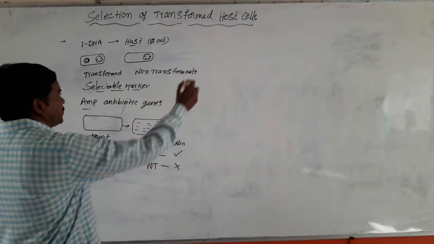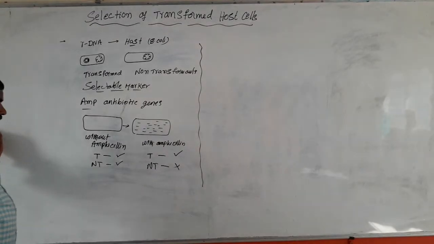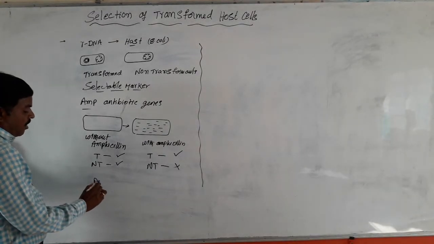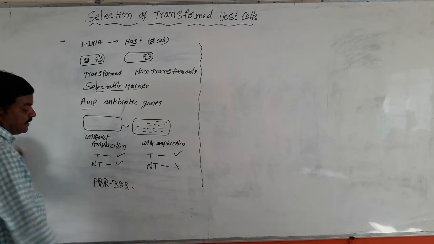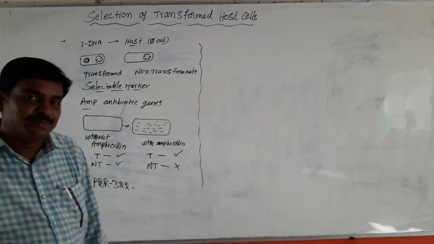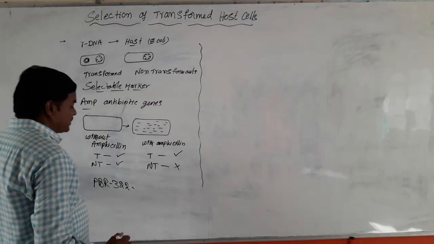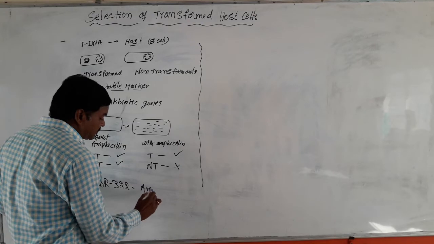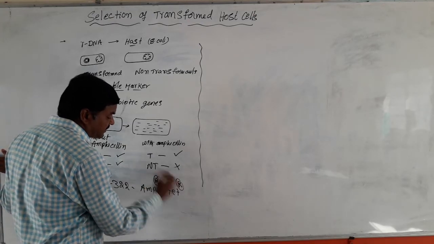Okay, students. Now coming to another point. You know, pBR322 is an artificially restructured plasmid. This restructured plasmid is also represented by two markers. One is ampicillin resistance and another one is tetracycline resistance.